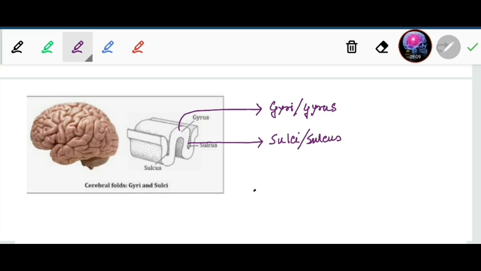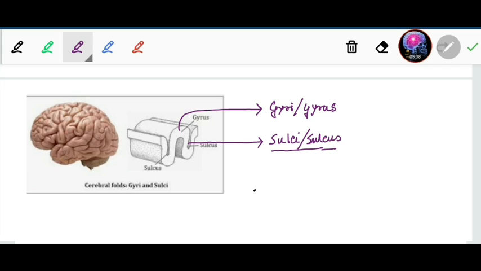Now these sulci vary in depth from slight grooves to deep fissures, and some of them are sufficiently deep to indent the wall of the lateral ventricle. Ventricles are cavities within the brain, so some of the sulci are so deep that they make indentation in the wall of the cavity that lies within the depth of cerebral hemispheres.